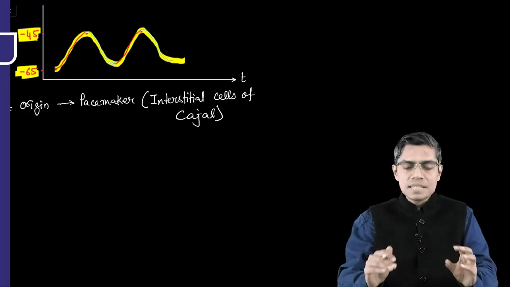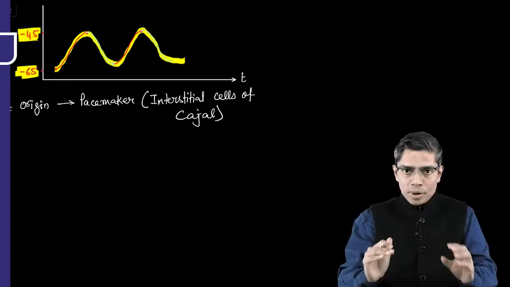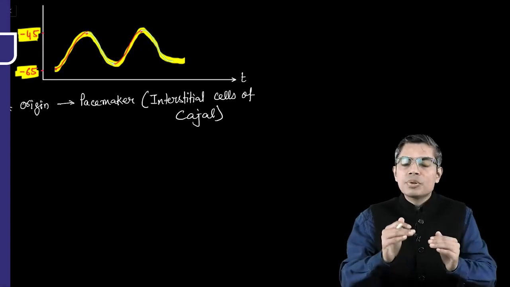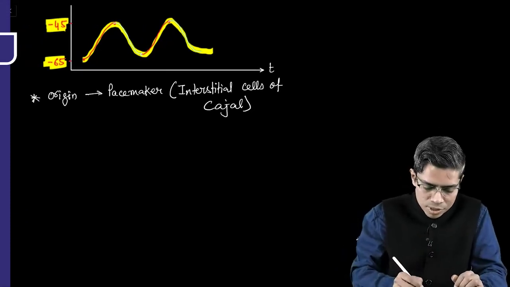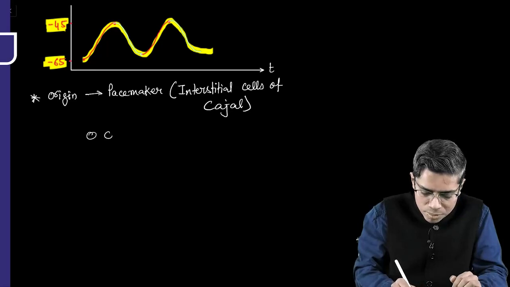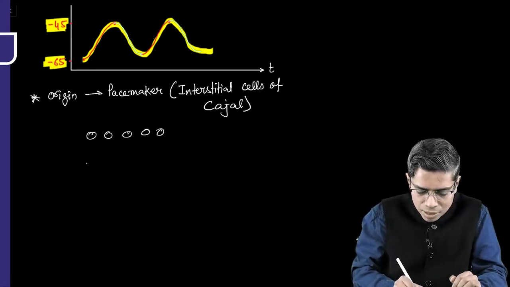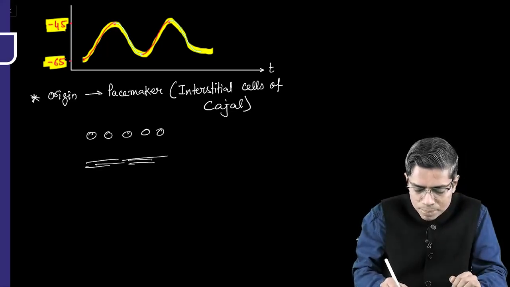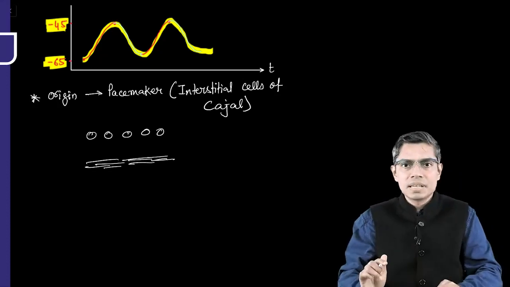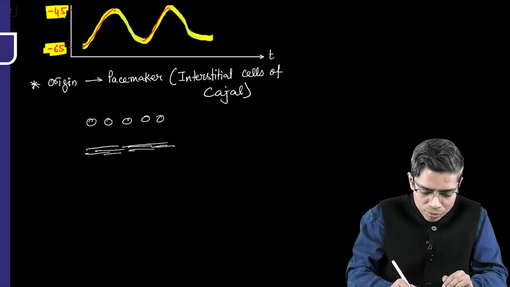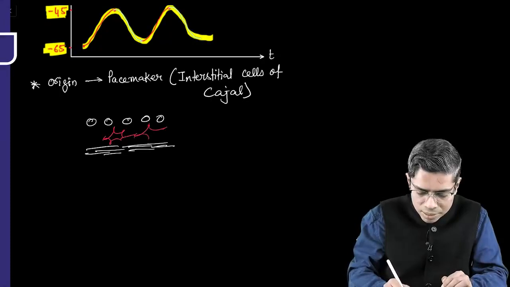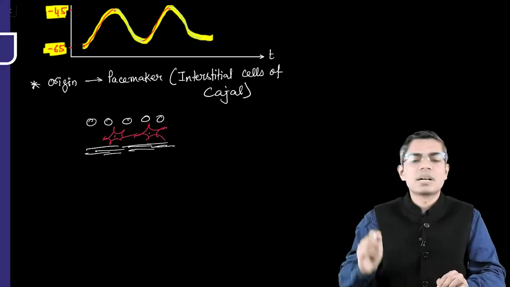Remember that this is the cell which is located in between the smooth muscle layers of the GIT. So suppose this is the circular smooth muscle, and this is the longitudinal smooth muscle. In between these two smooth muscle layers, you are going to find these interstitial cells of Cajal.